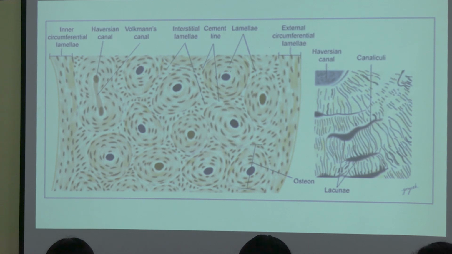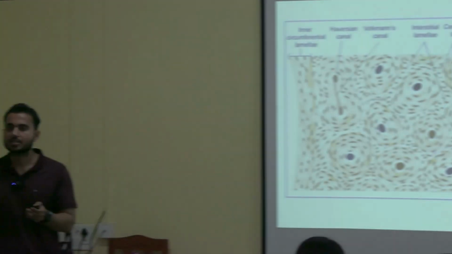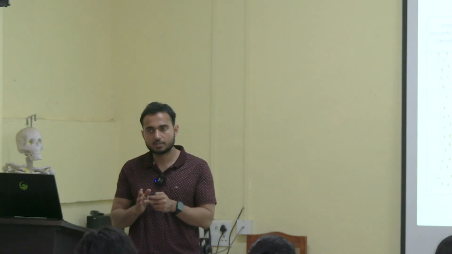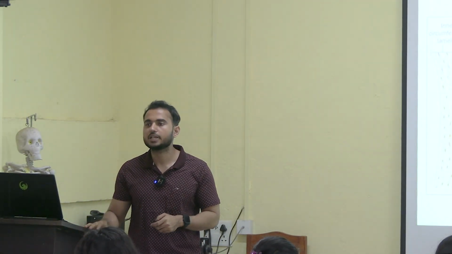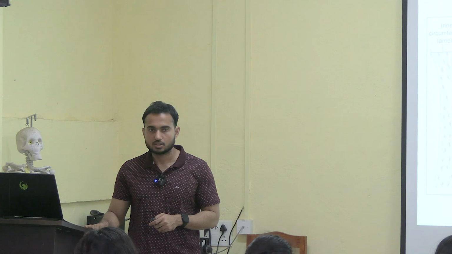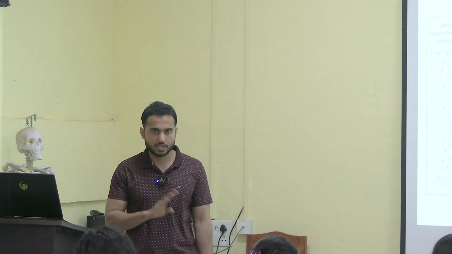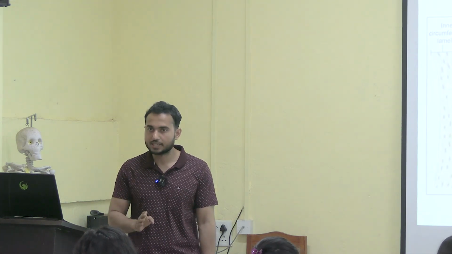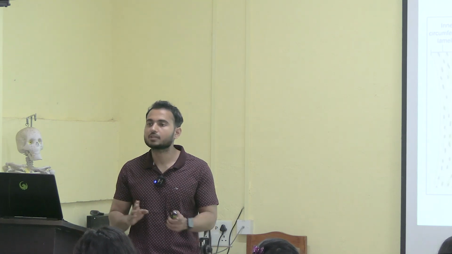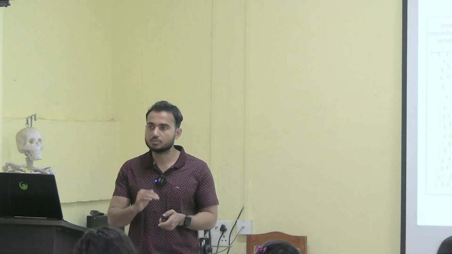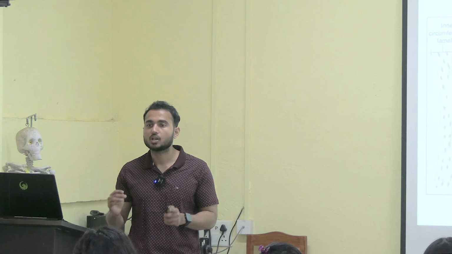Haversian canal. Now the Volkmann canal and the Haversian canal, mostly they are perpendicular to each other or they will be oblique to each other. What is the Volkmann canal? I have shown you and told you also. So how are the Volkmann canal and Haversian canal oriented? Either perpendicular in most of the cases, or in some cases they are oblique to each other.